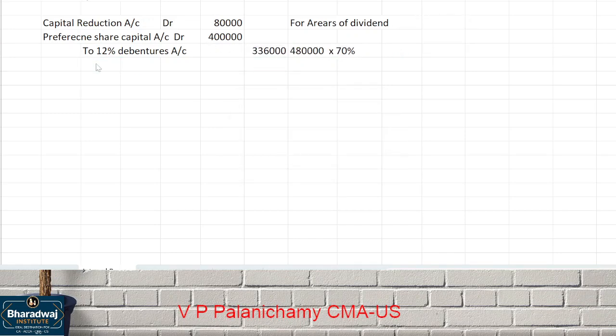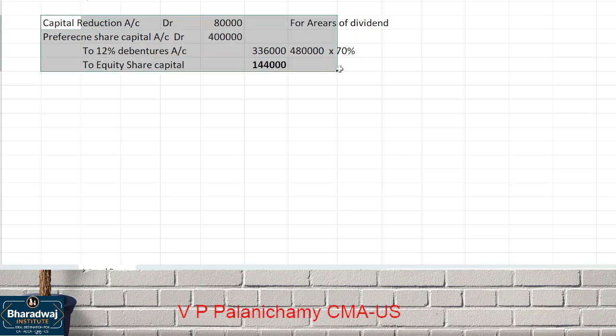For the balance, what are we giving? Equity share capital. What is the balance? 1,44,000. No gain in this. Actually, there is a loss. We are paying for arrears of dividend also. Take up this, then we will proceed.